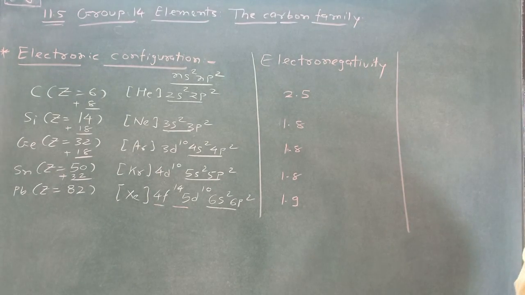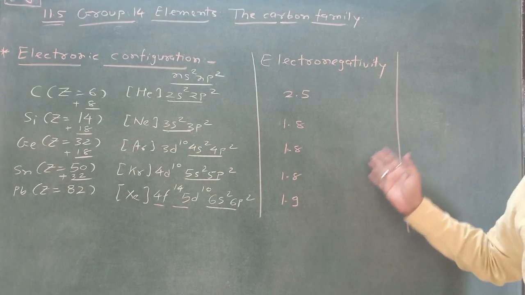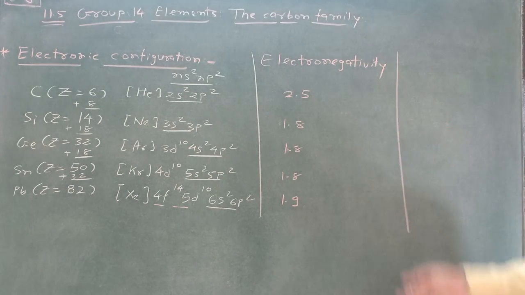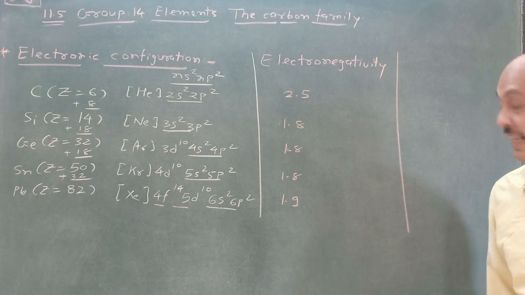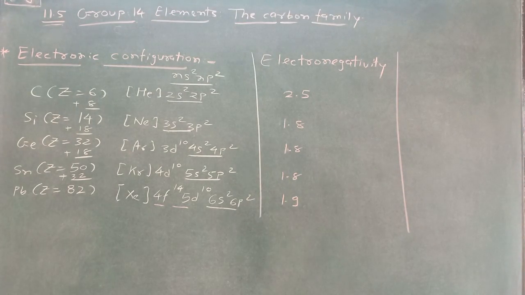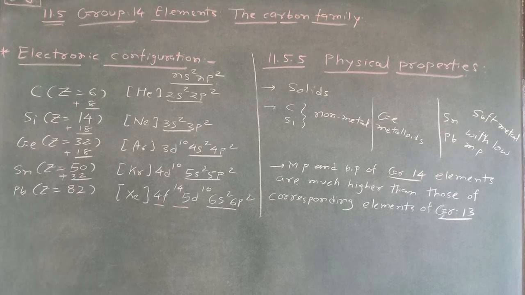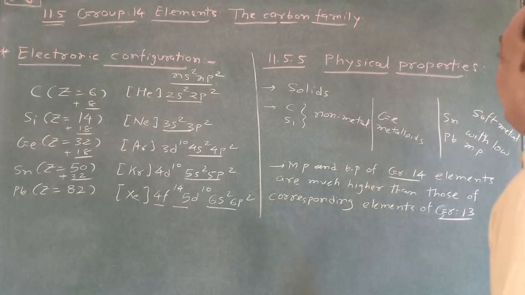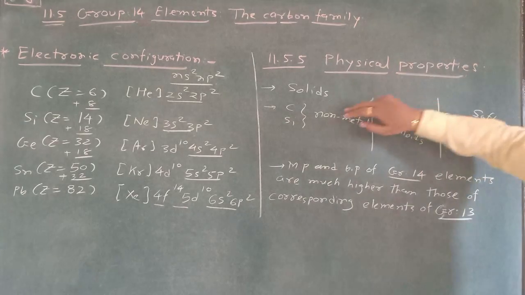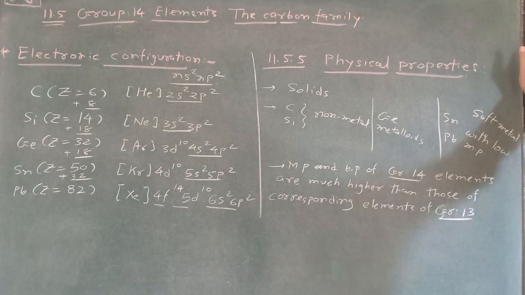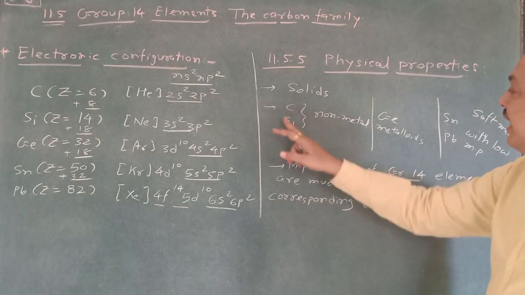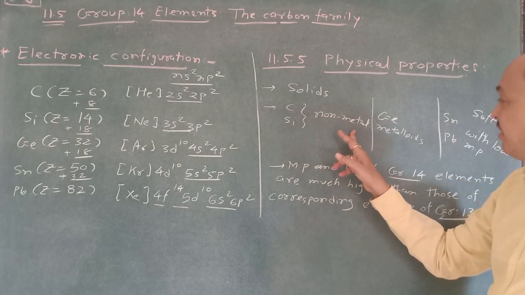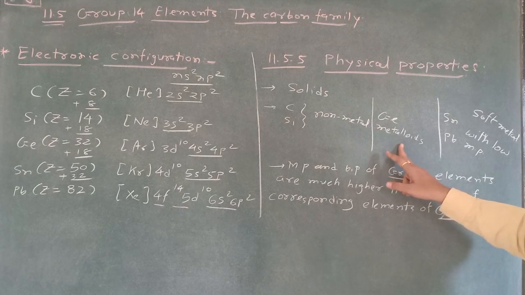Now we switch to physical properties, and this is the last topic of this lecture number 6. Write down after electronegativity trends. Now we have physical properties. According to physical properties, all elements of group 14 are in solid form. Carbon and silicon are non-metals. Germanium is a metalloid.